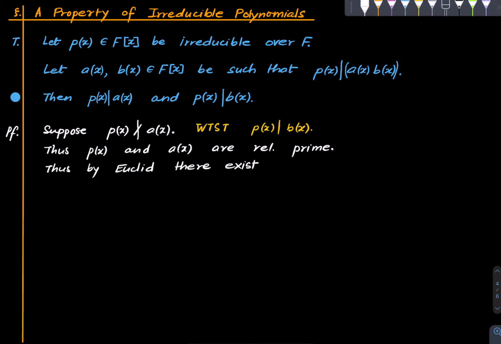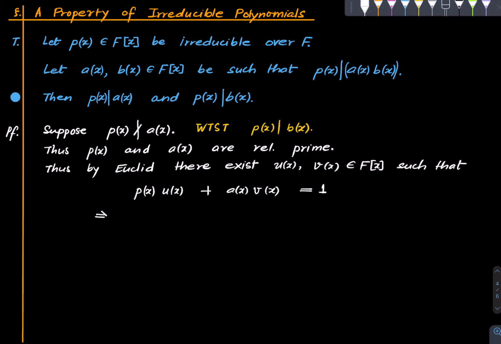polynomials, maybe u(x) and v(x) over F, such that p(x)u(x) + a(x)v(x) equals 1.